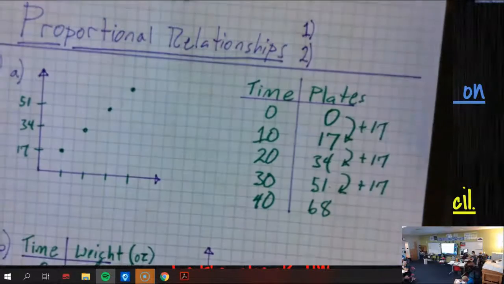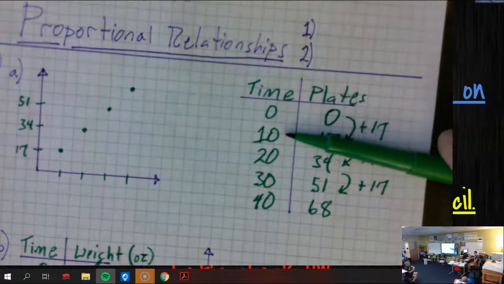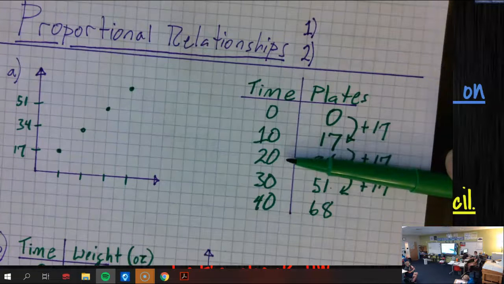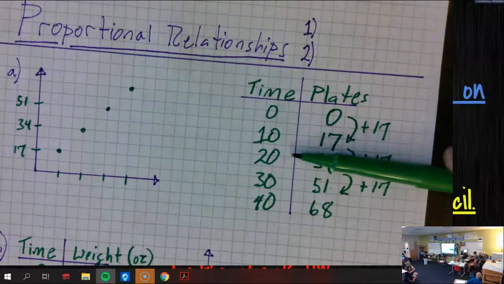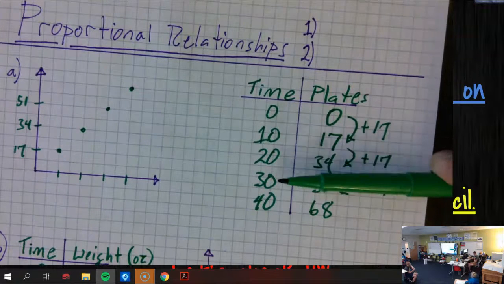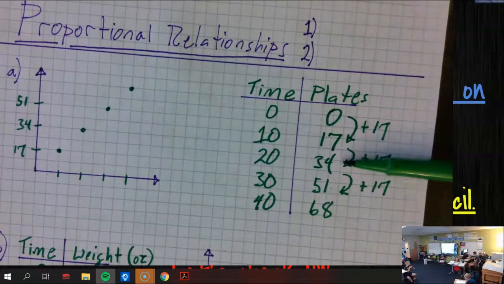Any questions? Please make sure that you did not double up here. Guys, give me your eyes up here. Here's where you're getting confused. From 10 to 20, does my time double? Yes, here it actually does. Do my plates double? Yes. But from 20 to 30, does my time double? No. So would this double?